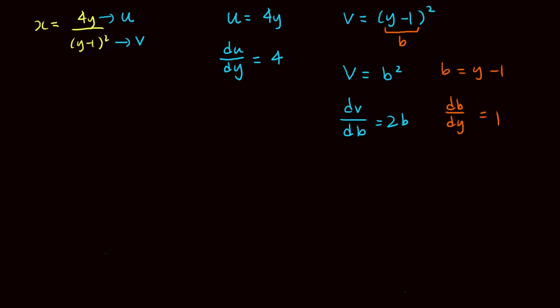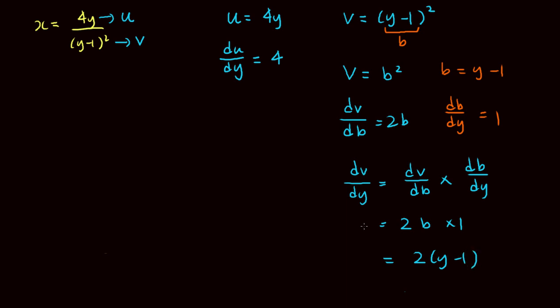Then dv/dy, using the chain rule, is dv/db times db/dy. So it will be 2b times 1, which is 2(y minus 1).